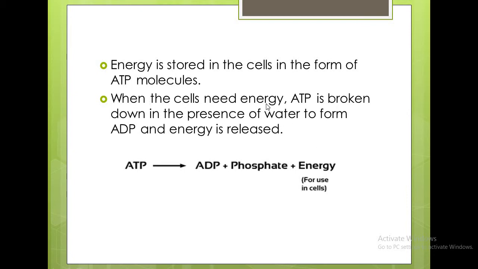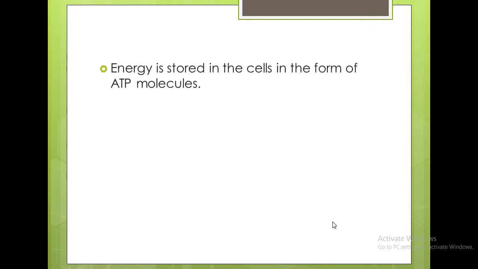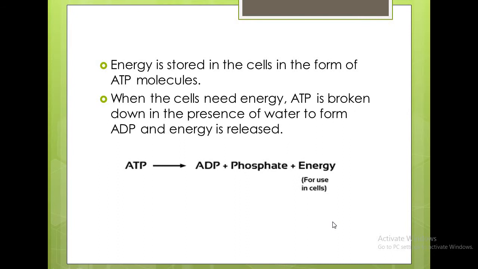When the cell needs energy, this ATP breaks down and starts releasing lots of energy in the form of ADP, and some water is also used. I just want to show you another thing. This is what we learned about how ATP is formed: ADP plus phosphate plus energy forms ATP. Then how this ATP breaks down, it also produces energy, right?